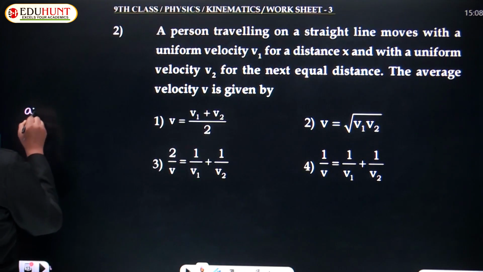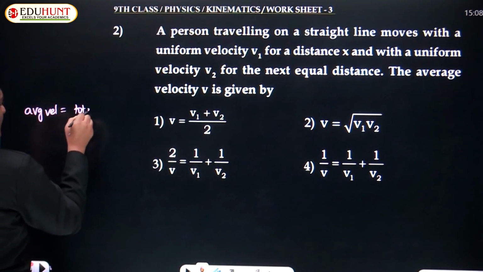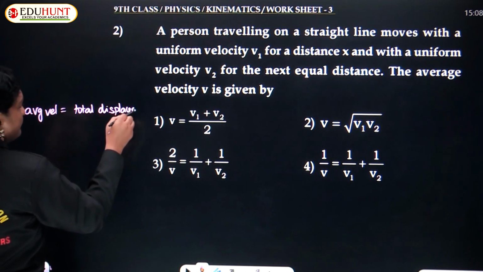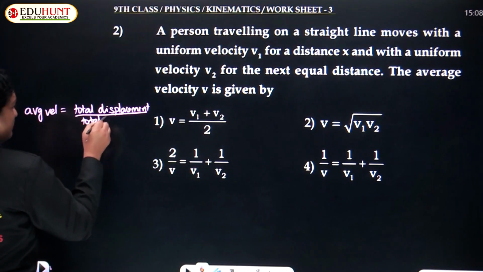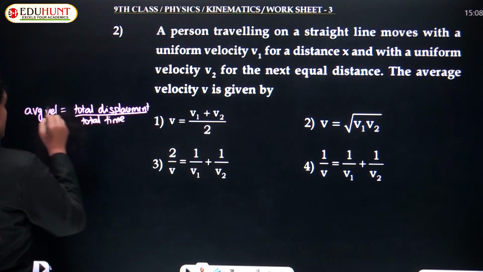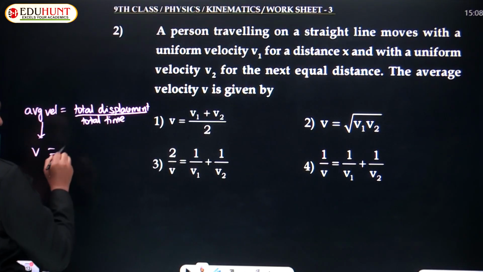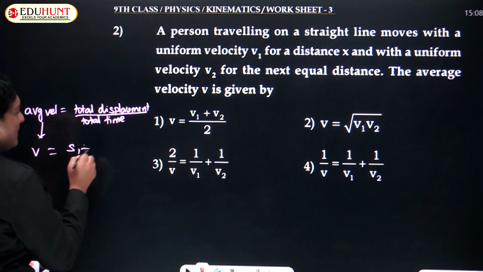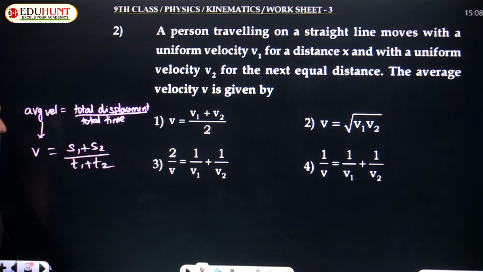So, average velocity can be given as total displacement to that of total time. Let us indicate average velocity with the letter V, and total displacement, in general we consider only two conditions. So, S1 plus S2 upon T1 plus T2.